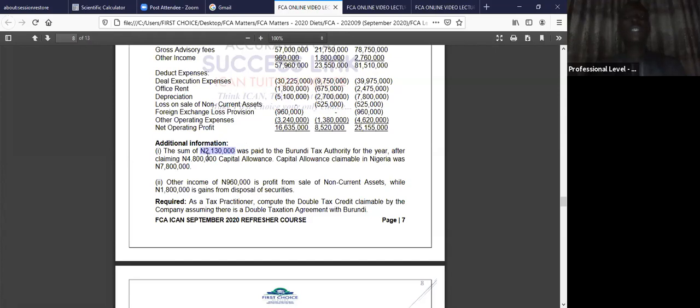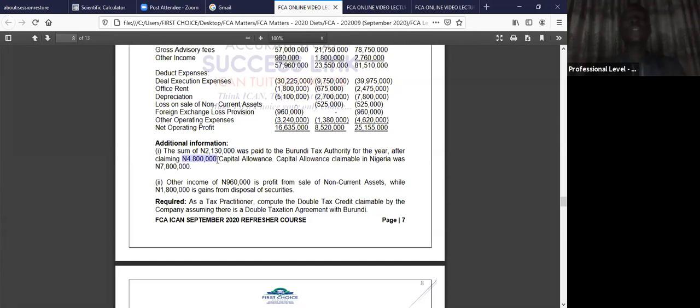Secondly, this tax here is in the additional information and it's not inside of this account. And so there is no need for us to add it back again because from here, it was not deducted here. So now they said they claim this amount as their capital allowance.